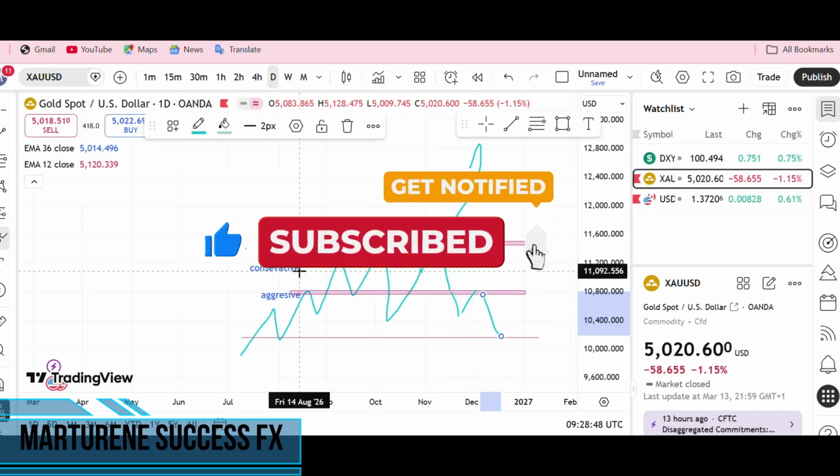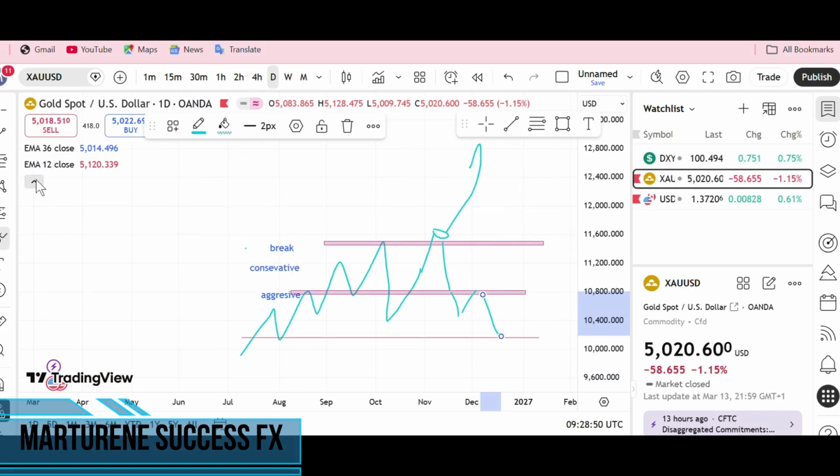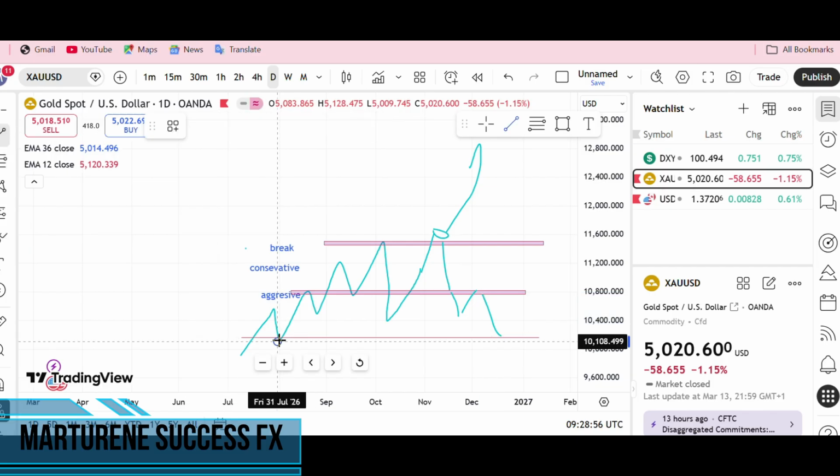The same also applies when we are trading trend lines. Let's assume that this is a trend line.